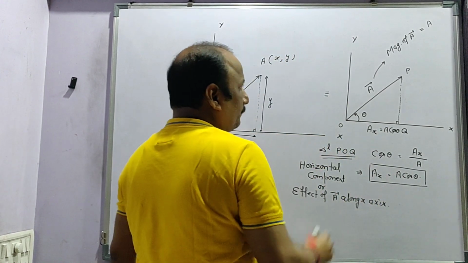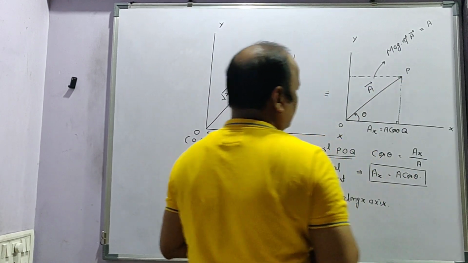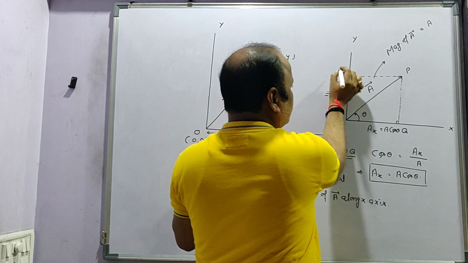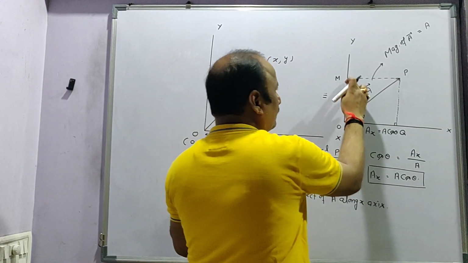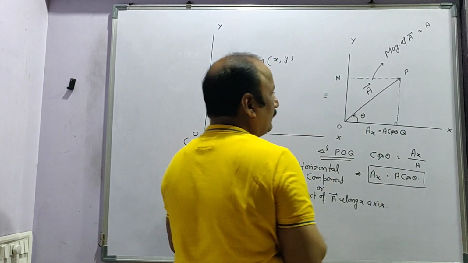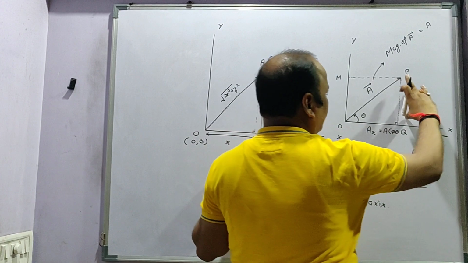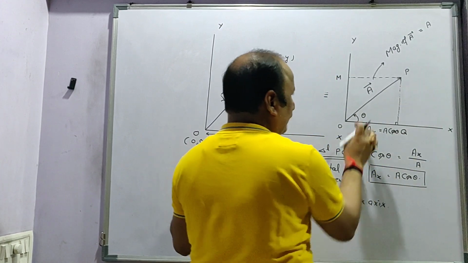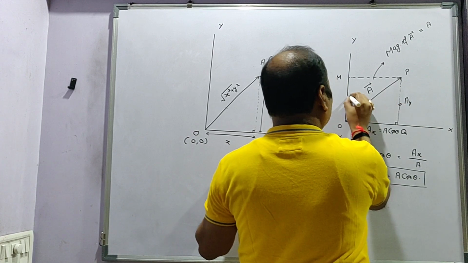Now what will be the perpendicular magnitude along the y-axis? See, let us take this is point M. Now take this triangle. If this is theta, it will be cos theta and it will be sin theta. So the effect of this vector along the y-axis, because this one and this one both are the same.